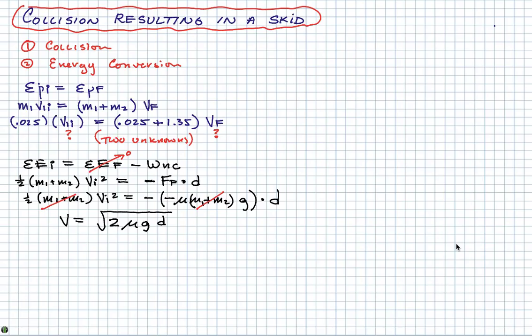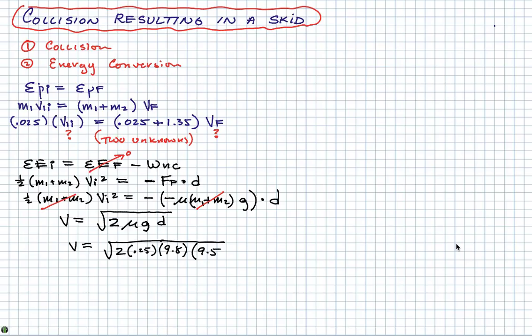So v is going to be equal to the square root of 2 times the coefficient of friction, said to be 0.25, times 9.8, and d we're told is 9.5.